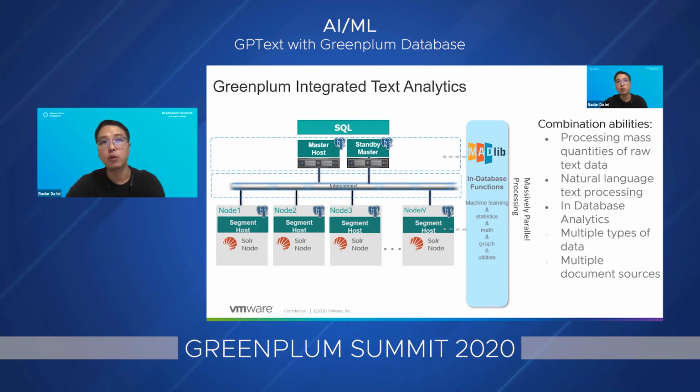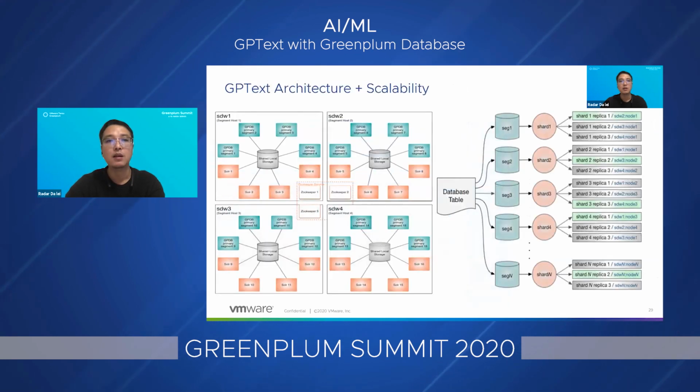Then we can combine GPDB's massive processing with Apache Solr's enterprise text search to provide large-scale text processing and business decision support. With GPText, we can provide powerful in-database text search. You can execute the queries all with SQL or UDFs.